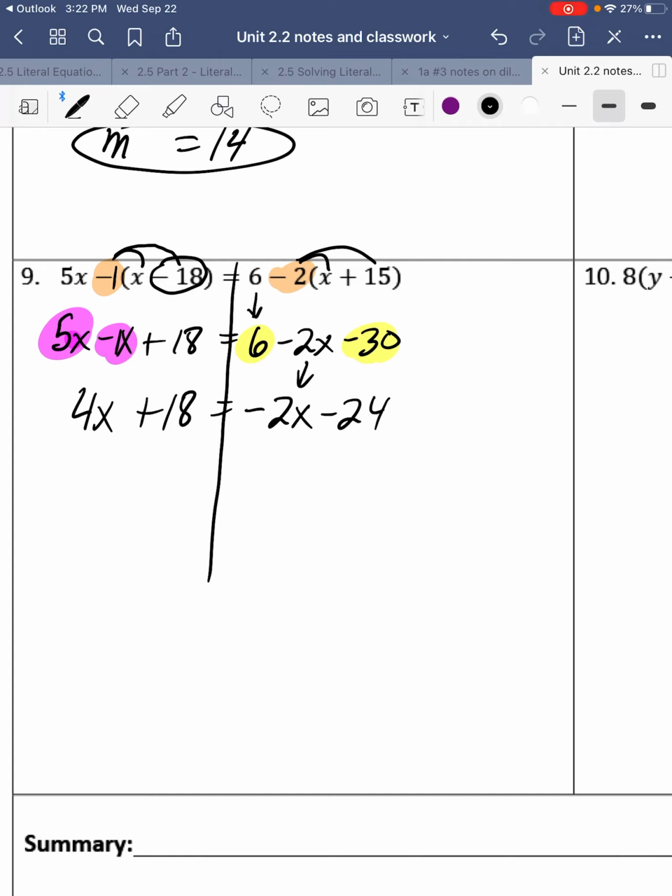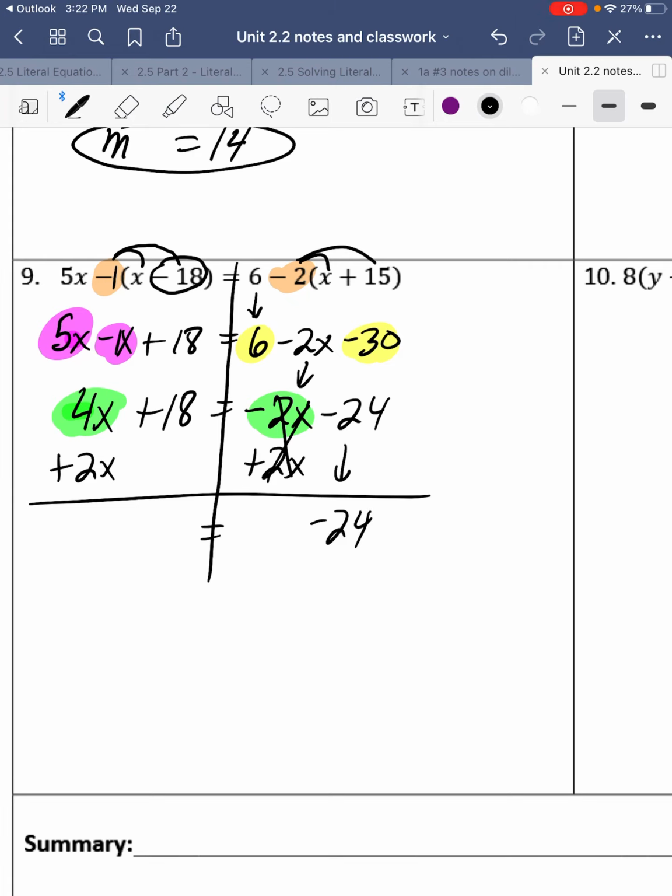All right, on opposite sides of the equal sign, we have like terms. So negative 2x and 4x. It does not matter which way you write it or which term you move. I'm going to add 2x. 18 is going to come down. 4x plus 2x is 6x.